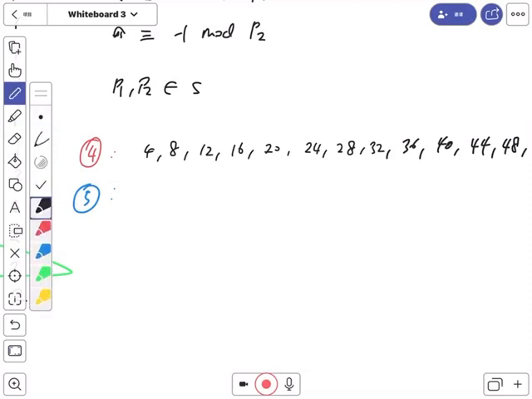And if it's -1 mod 5, then it's odd, so it's impossible to be divisible by 4 or 6.